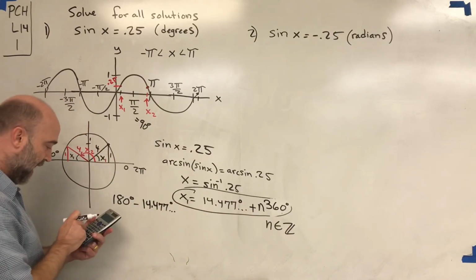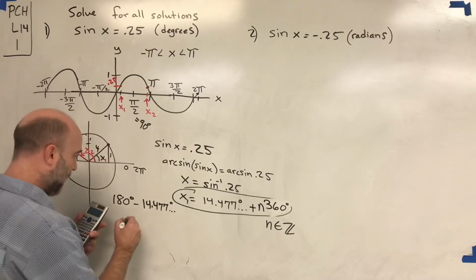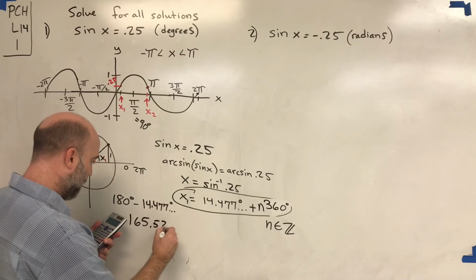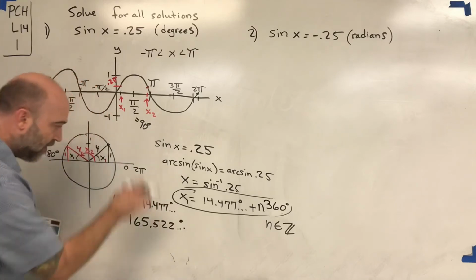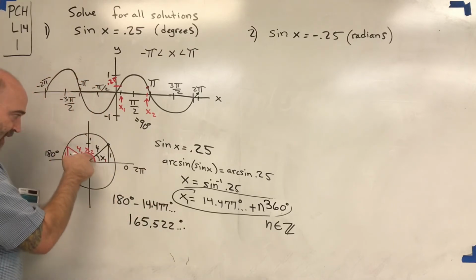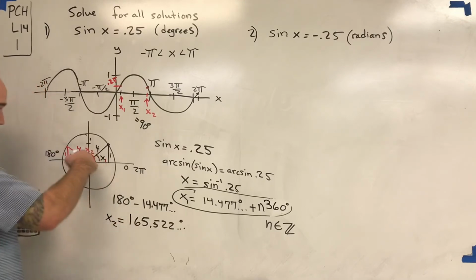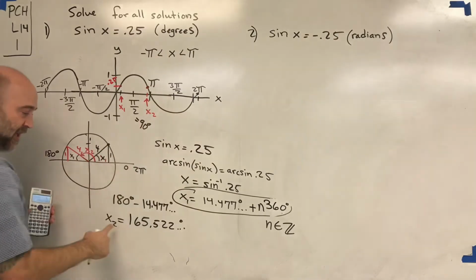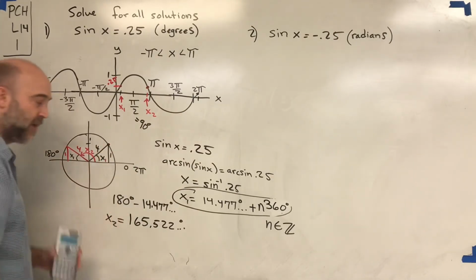The answer is 165.522 degrees. Now the key to remember here is that this angle right here is the x2. It's that input that gives us that angle right there. So however you want to look at it.